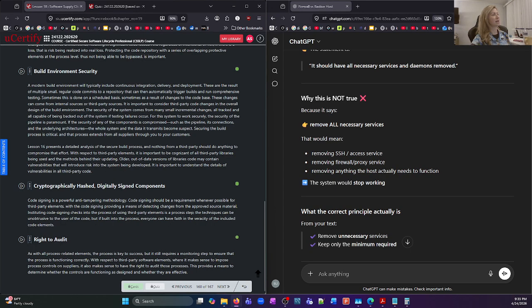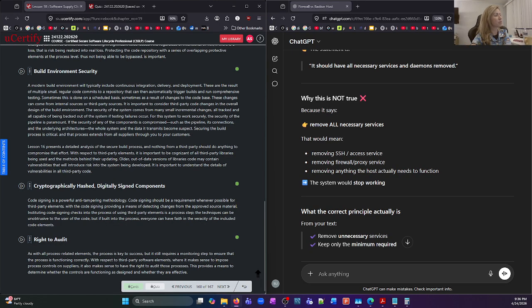Sometimes this is done on a scheduled basis. These changes can come from internal sources or third-party sources. It is important to consider third-party code changes in the overall design of the build environment. The security of the system comes from many small incremental changes, all tracked and all capable of being backed out of the system if testing failures occur.